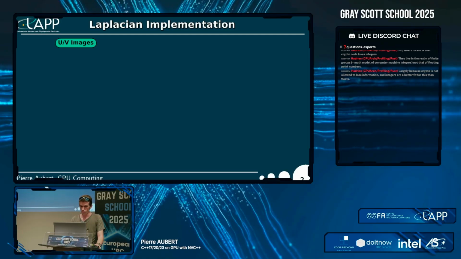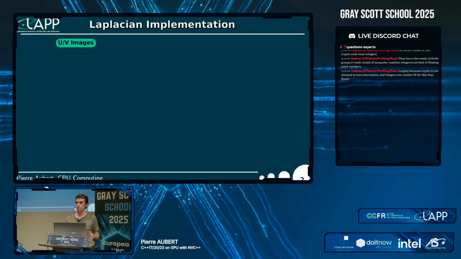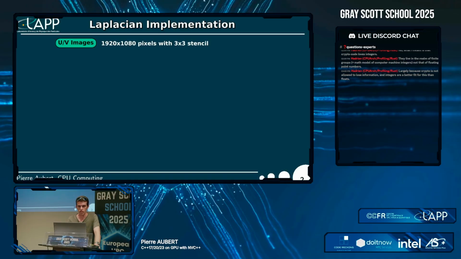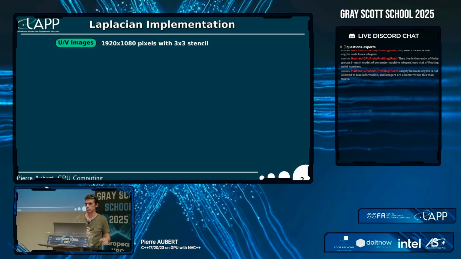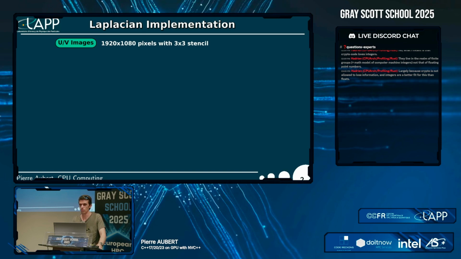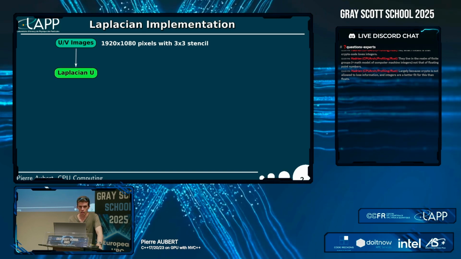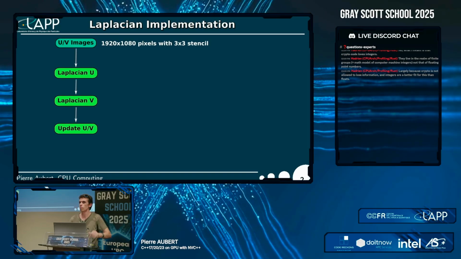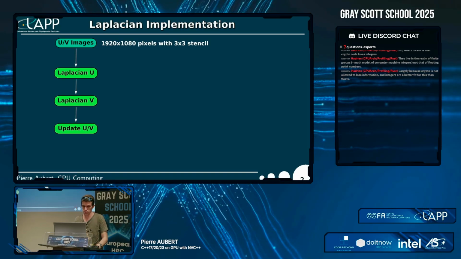So we start from images, so U and V, and you played already with them last week. So 1920 by 1080 images with a stencil 3 by 3. We do some Laplacian computing, so U and then V, and then we update U and V with the previous Laplacian we computed.